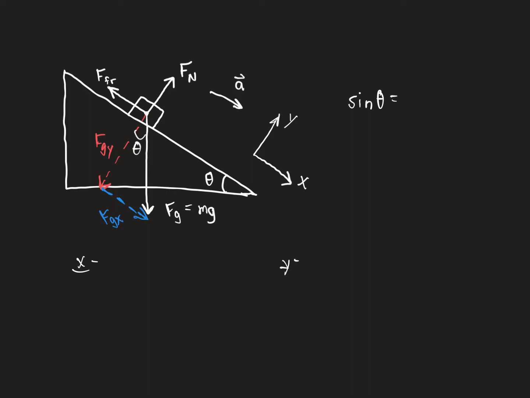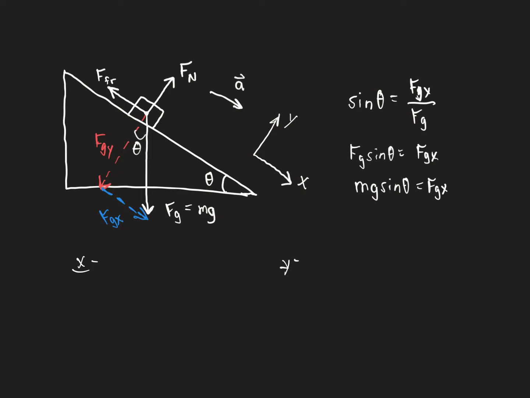What's the opposite side in that triangle? FGX. So that's FGX over the hypotenuse. What's the hypotenuse? FG. So I multiply FG over: FG times sine of theta equals FGX. So M times G times sine of theta is equal to FGX.